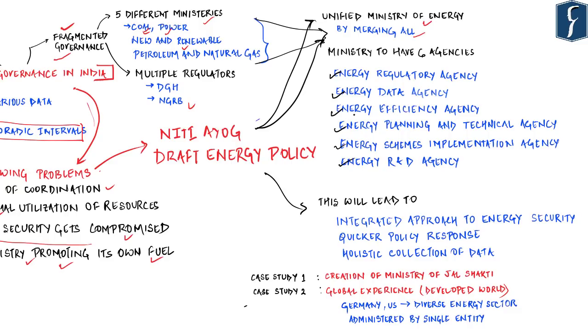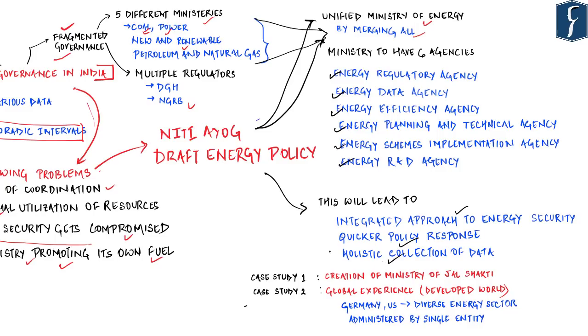So all these agencies together will take care of all aspects of energy and will not fragment the governance into coal, power, new and renewable, petroleum and natural gas, and so on. Now, these two, according to NITI Aayog, will lead to an integrated approach to energy security, which was missing earlier. It will lead to quicker policy response from the government as well as holistic data collection of the sector.